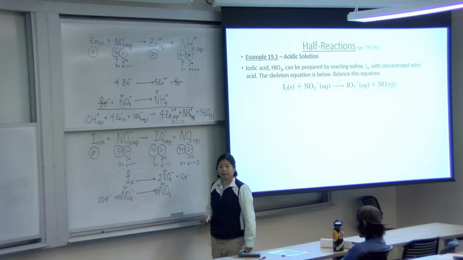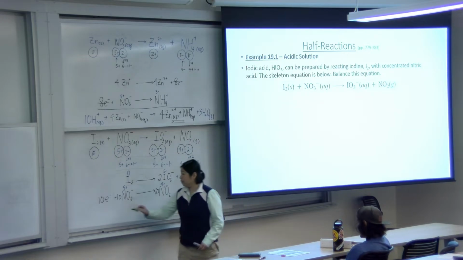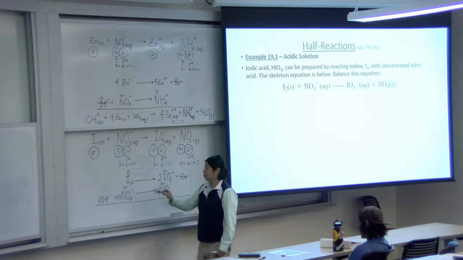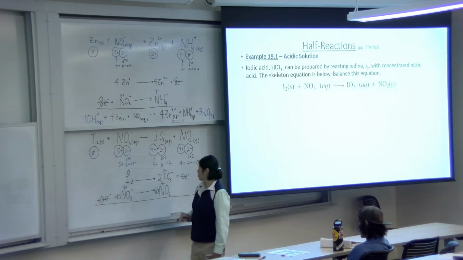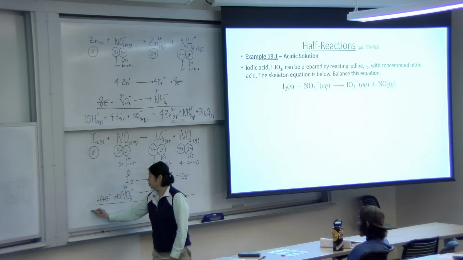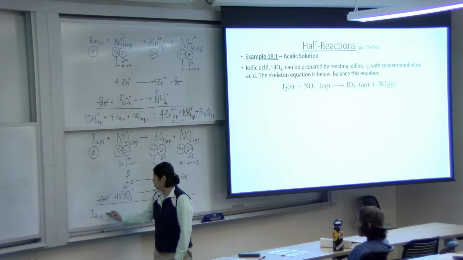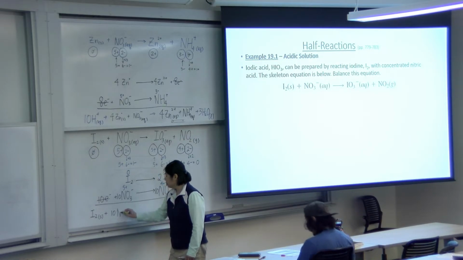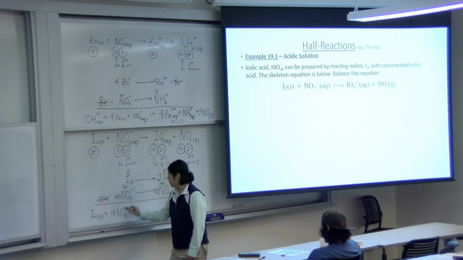Any questions? Okay. Let's bring everything down, canceling out our balanced electrons. So we're going to get I2. And now we're going to put in our states. I2 should be a solid. 10 NO3 minuses, and again this should be aqueous.